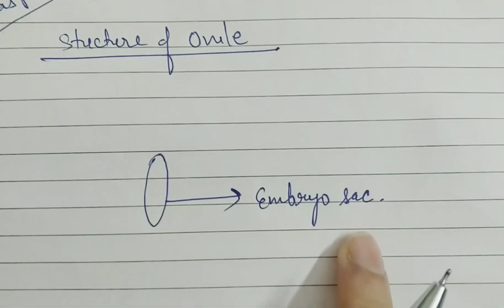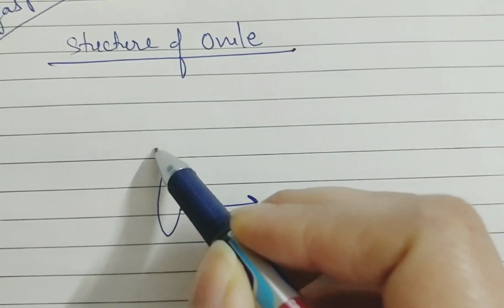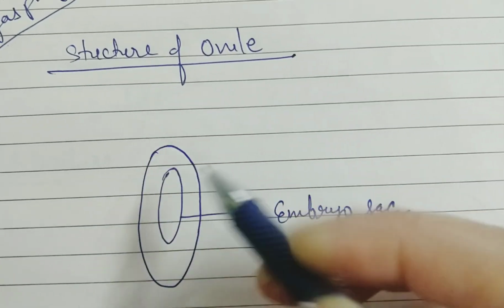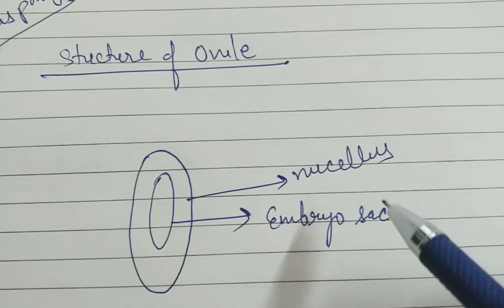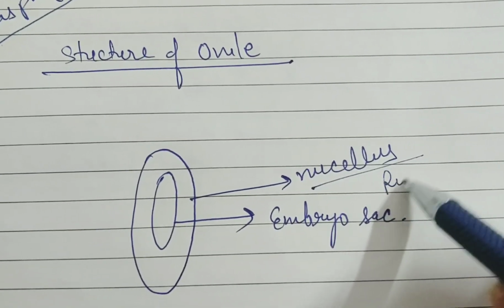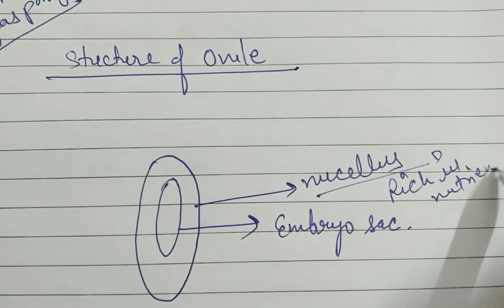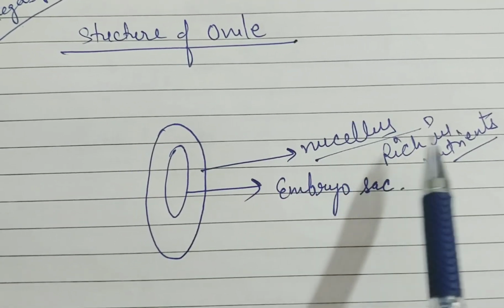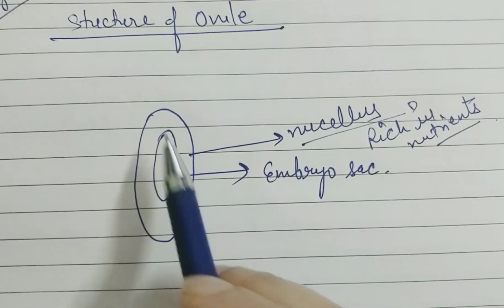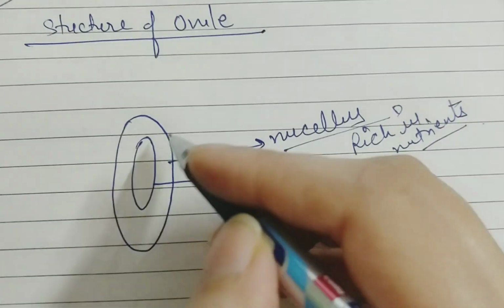Outside the embryo sac there is a coating of nucellus, and the nucellus is very rich in nutrients. And there are two integuments outside the nucellus.